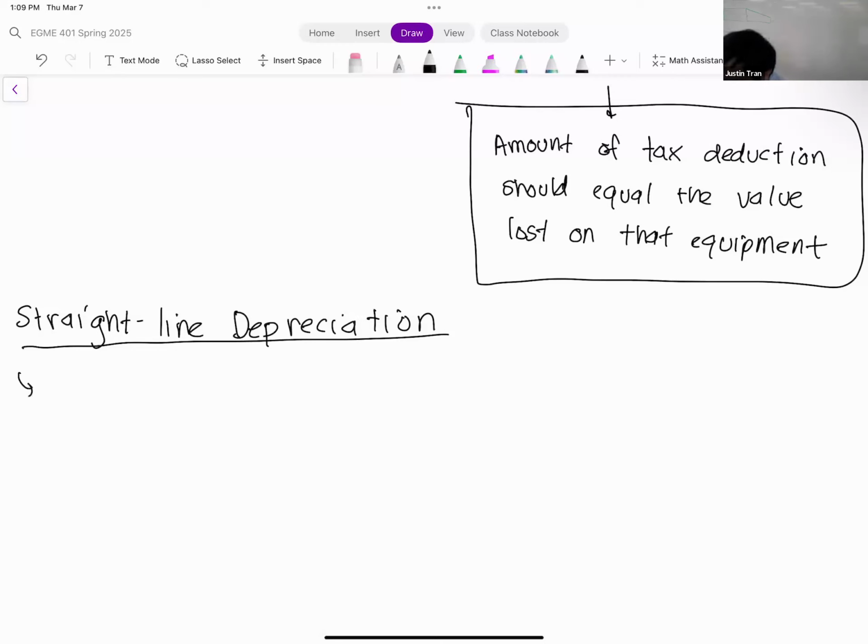In this depreciation scheme, your asset or capital purchase will lose a fixed amount of value each year.